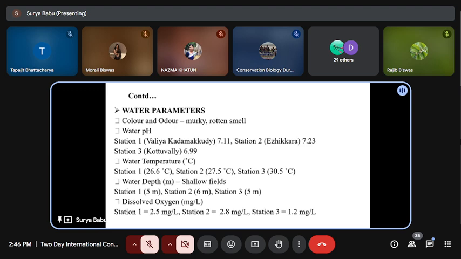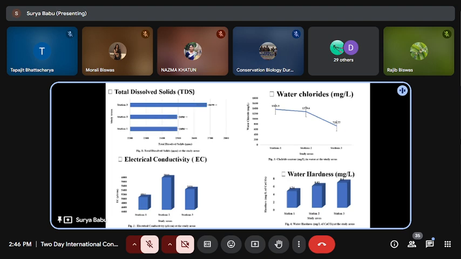The fields were shallow. Dissolved oxygen was low at station 3, which shows some eutrophication at station 3. Then TDS was very high in station 3. In stations 1 and 2, the water chlorides were high. The electrical conductivity was high at station 2.